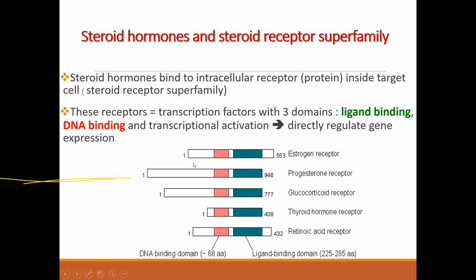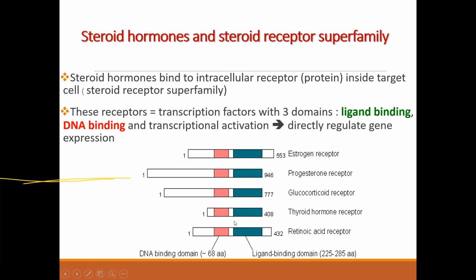If we look at the structure of the estrogen, progesterone, and glucocorticoid receptors, these three are receptors of steroid hormones. You can see that there are differences in the length, I mean the size, of the receptor. However, they share the same structure: the ligand binding domain in the blue color, and the DNA binding domain in the pink color.